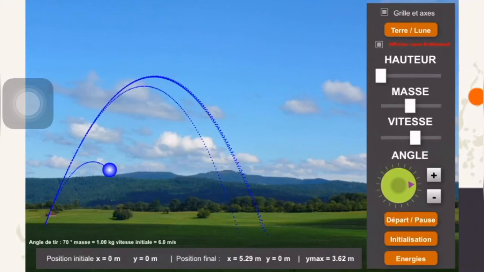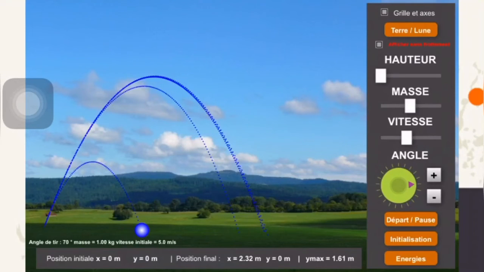See, with the decrease in velocity, the height that the projectile attains decreases, because h is equal to u square sin square theta divided by 2g. So if u is less, then h is also less.